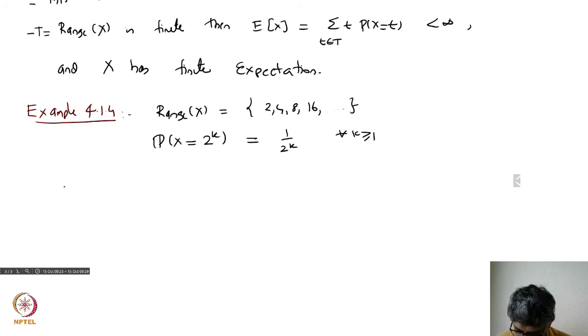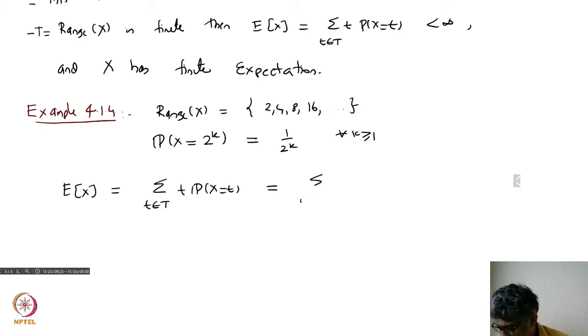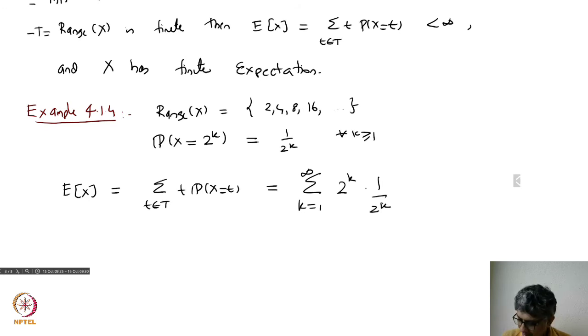So what's the expectation of X? The expectation of X in this case would be the sum over t in the range of t times the probability that X equals t. I can rewrite that as the sum over K equal to 1 to infinity of 2 to the K, the value that it takes, times 1 over 2 to the K, the probability that it takes it.